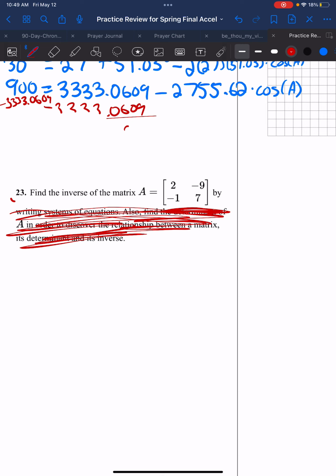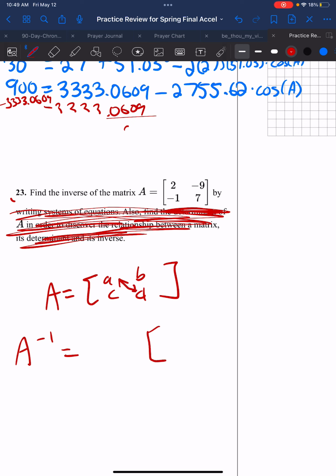So when I look at this, what I'm going to be doing is just finding the inverse, okay? So if I have a matrix A, which is A, B, C, D, what I'm going to do is flip A and D. So for the inverse, it's going to be D, A, and then I just flip the sign or negate the other diagonal.